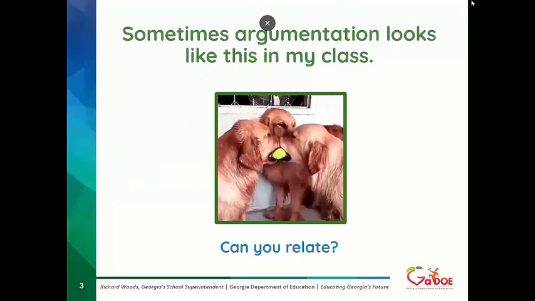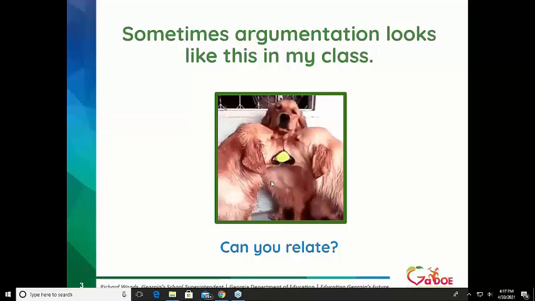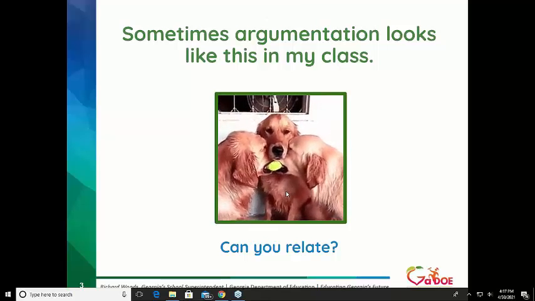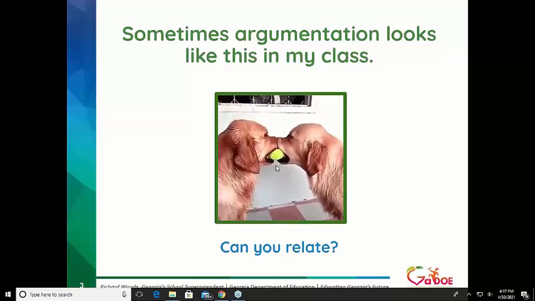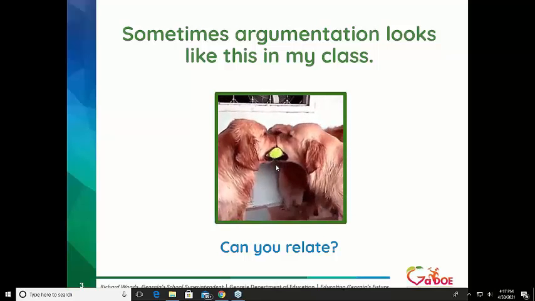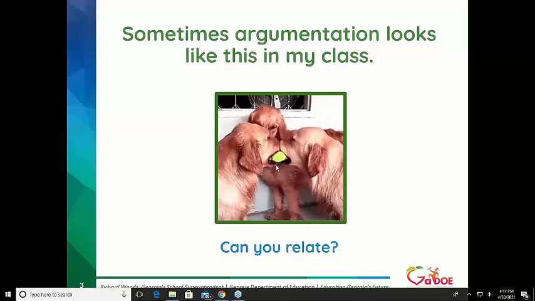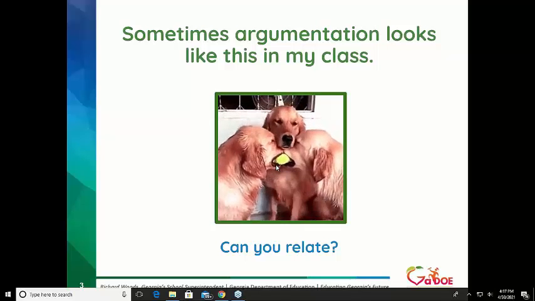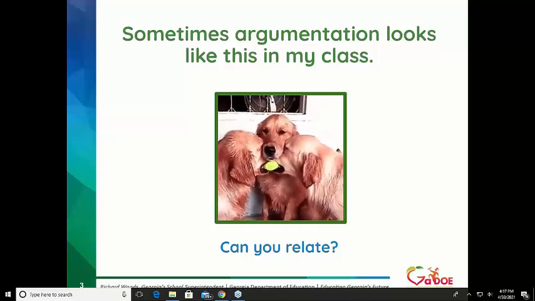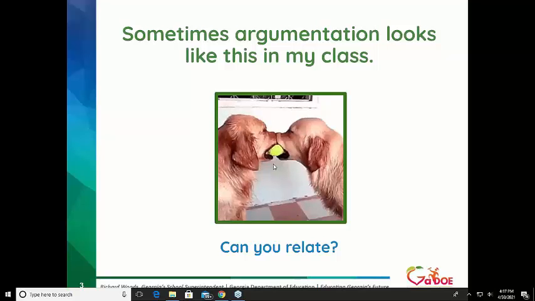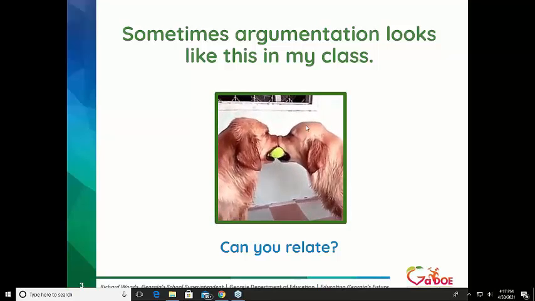So I don't know about you, but sometimes this is what argumentation looked like in my classroom, where students were holding on to dear life to their idea, and sometimes the argumentation really did look like an argument instead of a sharing and explaining and questioning of ideas.